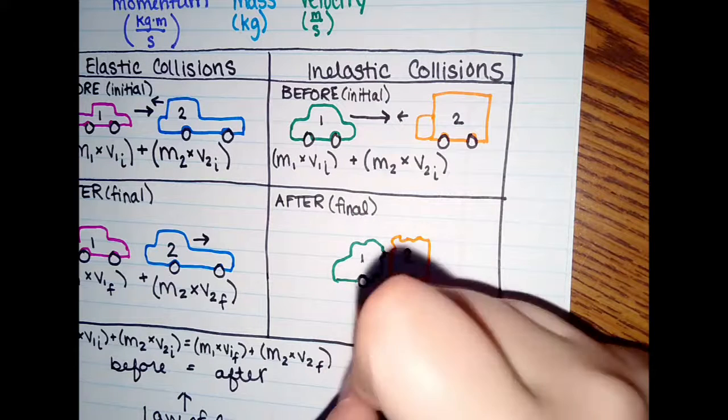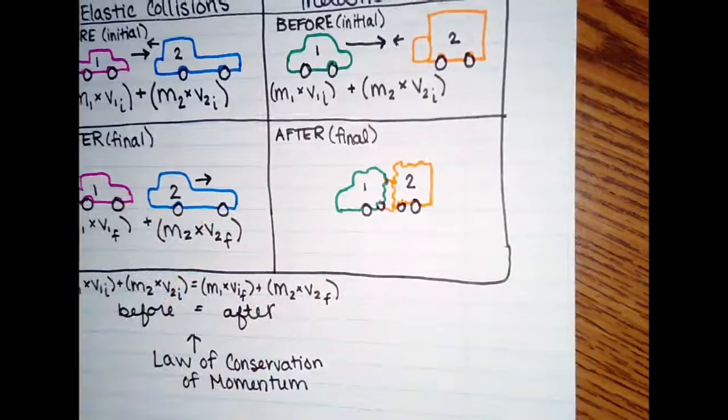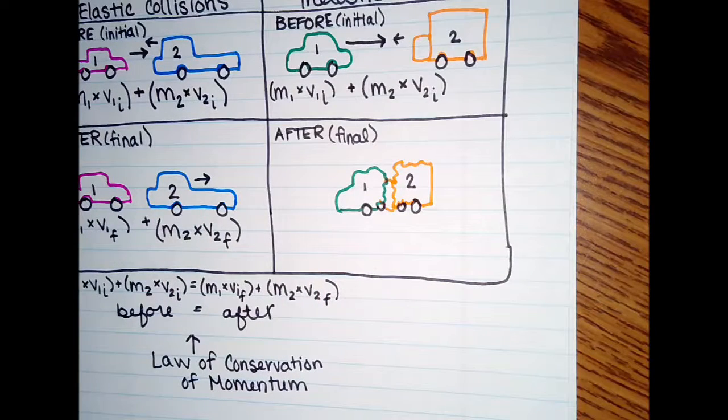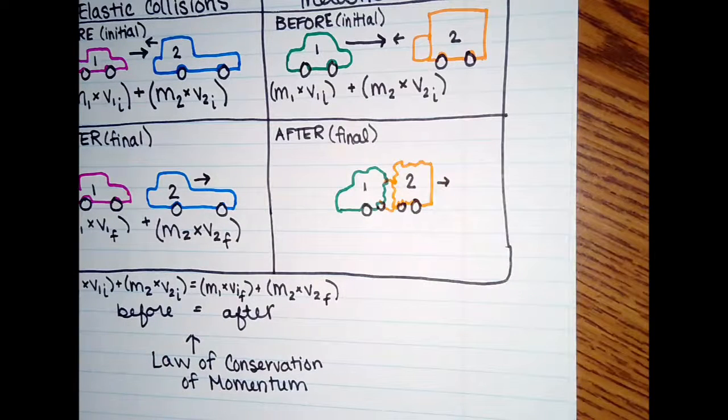Who knows where that tire went there. So these have crumpled and attached to each other. For the sake of this problem, I'm going to tell you that car was going so fast, they end up moving a little bit that way. This truck was going slow. This car was going so fast, it moves the truck. Okay?